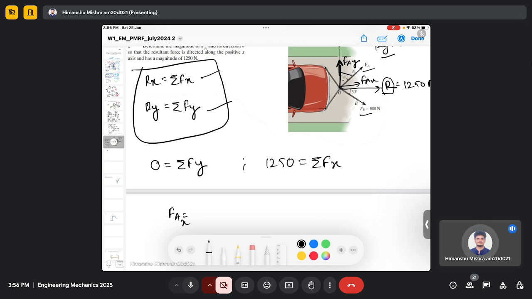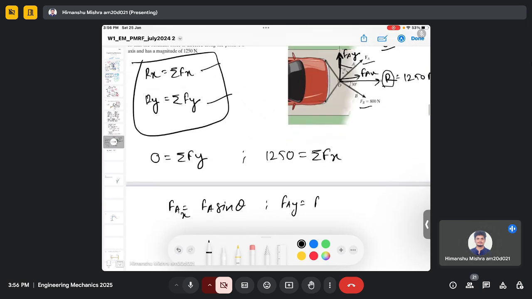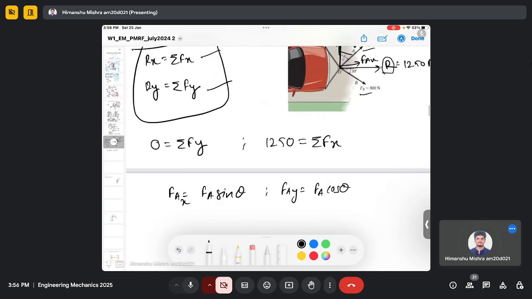So Fax will be Fa sine theta, and Fay will be Fa cos theta, because the theta is from the vertical axis. And in all of these problems, you have noticed that the first step is always to define the Cartesian coordinate system in order to measure the direction of these forces. So Fay is equal to Fa cos theta.